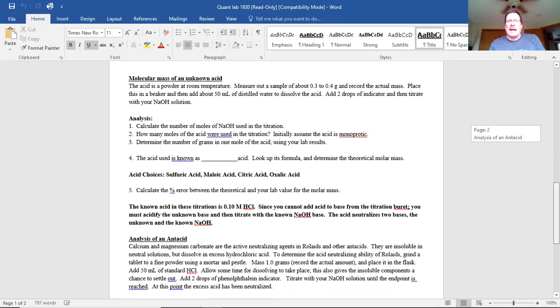All right, the unknown acid, that one goes a little bit differently because you have to make an assumption. So just use molarity as moles per liter, and you have the 0.25 molarity of the sodium hydroxide, because that's what it is all the time.